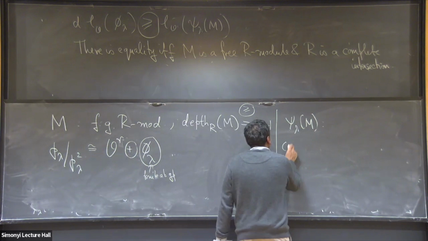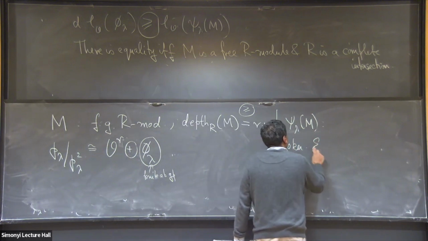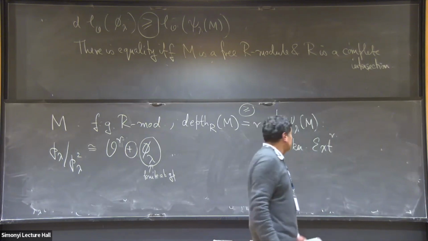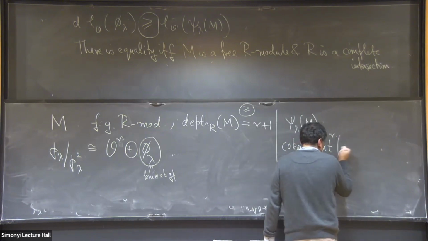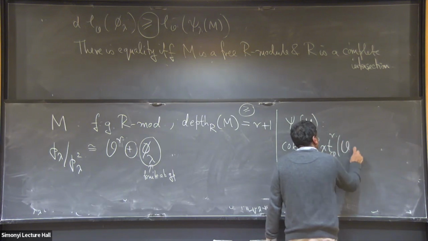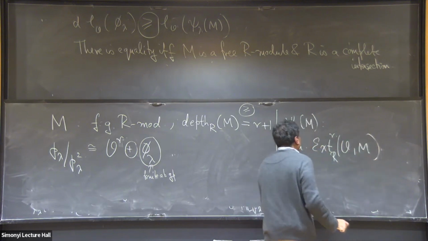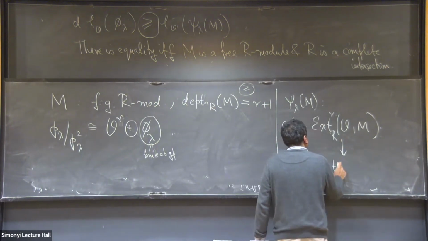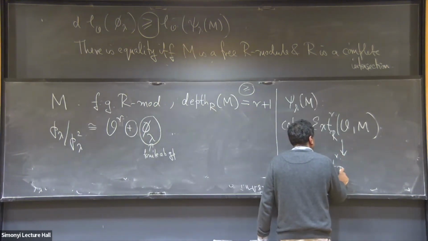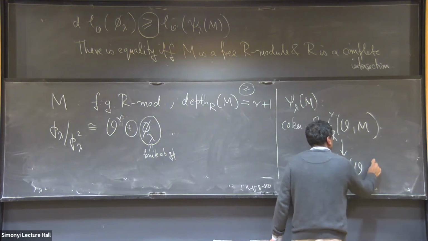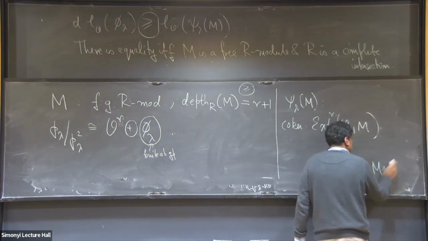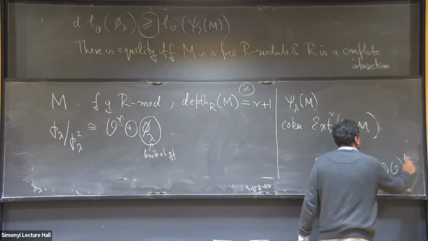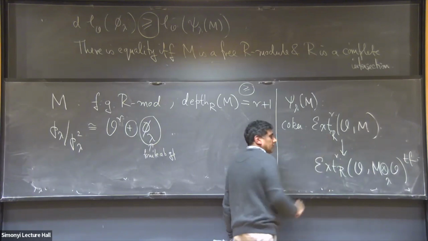It's the co-kernel of the map from X R, where everything is in the category of R modules, from O to M, to X R of O M tensor O, except as before, you pass to the torsion free quotient. The co-kernel of this map is my congruence module.